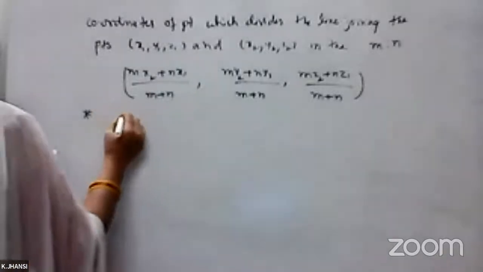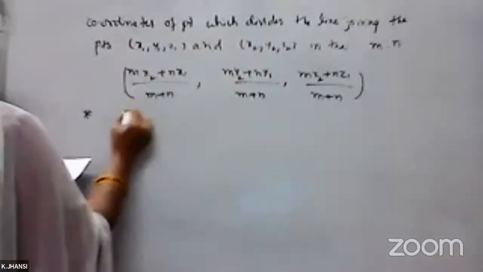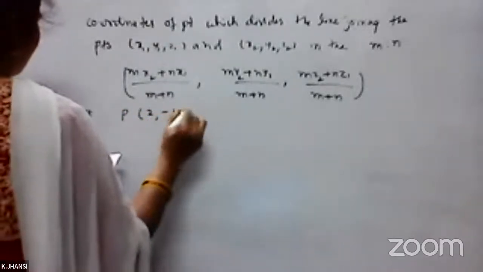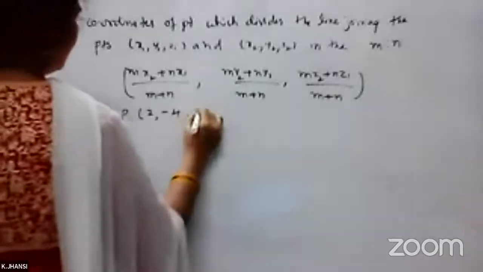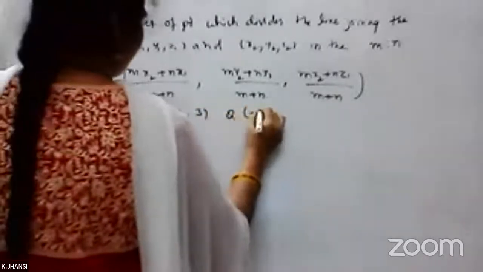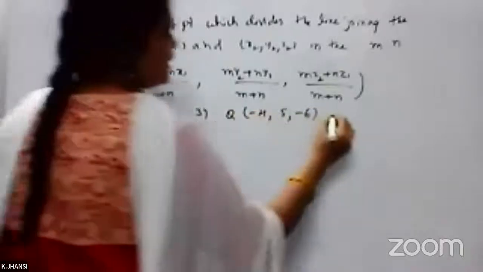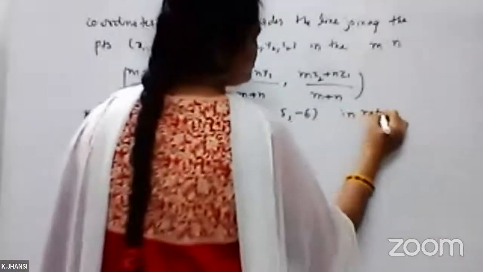If the points are, you see the question, I am writing the points here. The point P is (-2, -4, 3) and Q is (-4, 5, 6). They divide in the ratio 2:1.